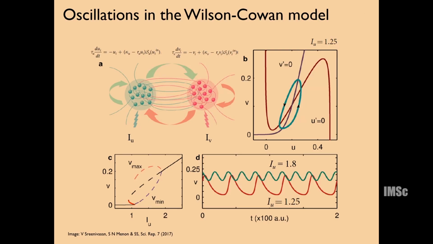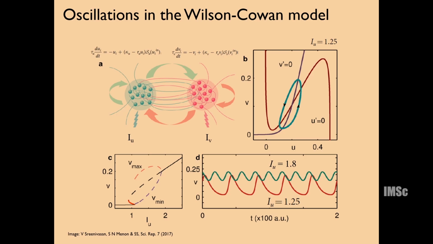If you look at the Wilson-Cowan model, over a range of external currents given to the excited neurons, its phase space would look like this. Remember, there are just two equations, so I can have a two-dimensional phase space just as I had for the FitzHugh-Nagumo model. But now remember, this is not a single neuron.